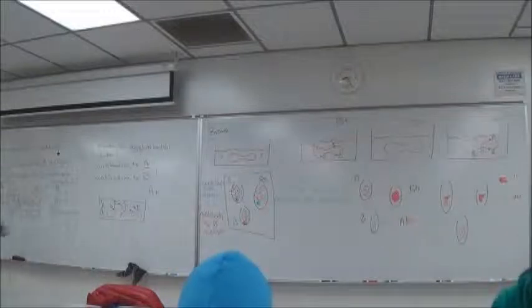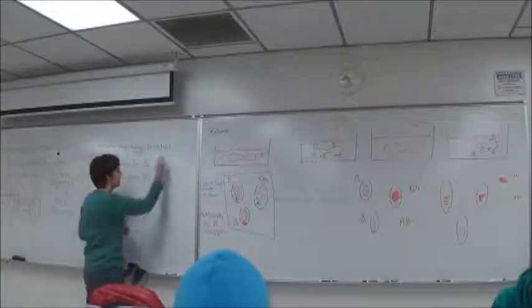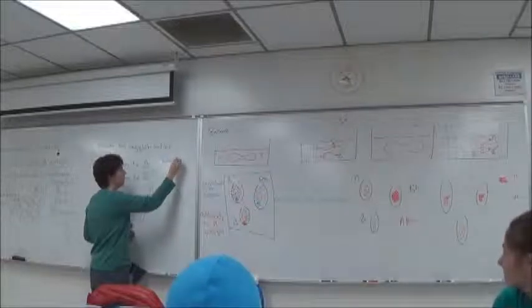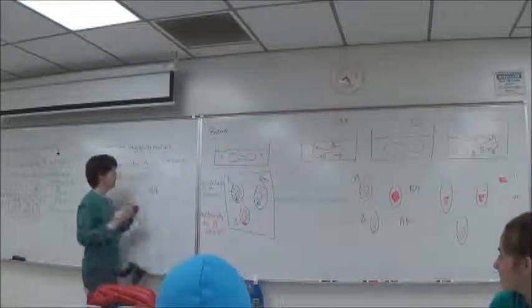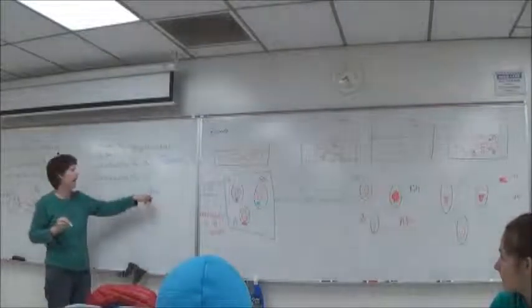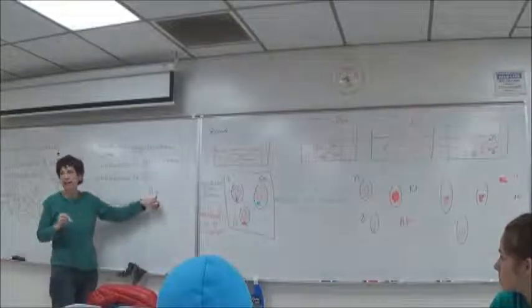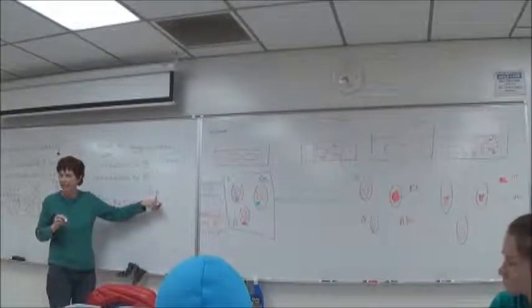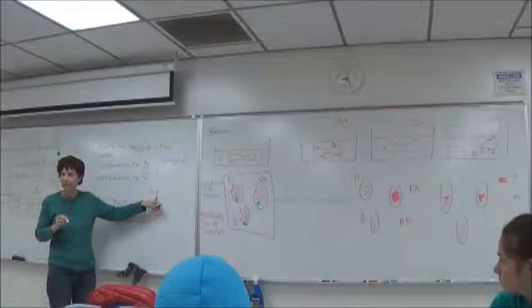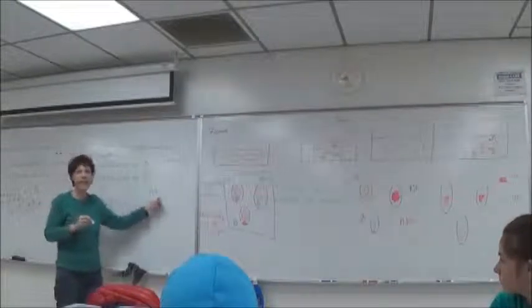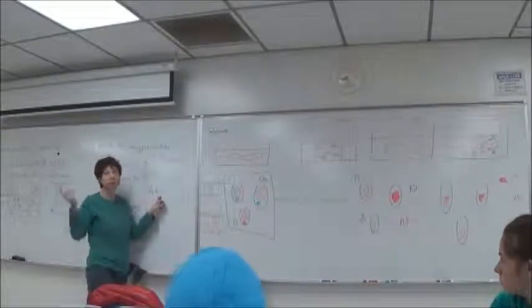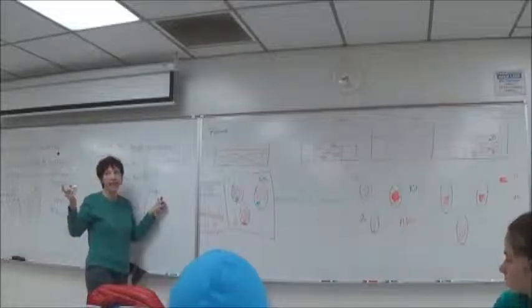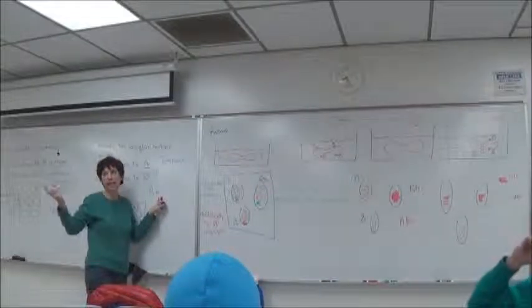Now let's do this one. So A positive, we can donate to anybody that doesn't have A antibodies and doesn't have the possibility of having D antibodies. We can't donate to any negative. A negative may or may not have a positive, and we have no idea.